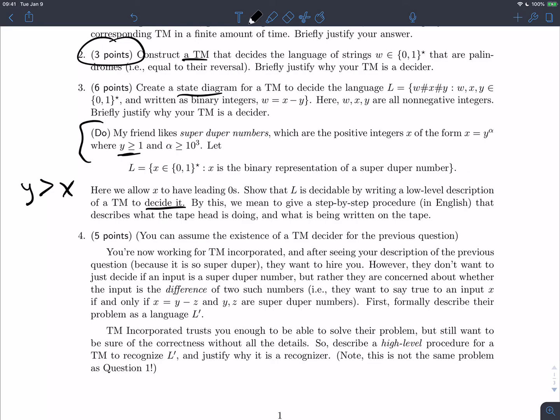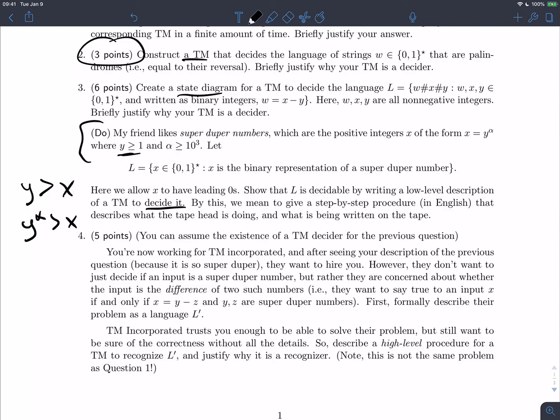So now I've limited what y could be. Could you limit what alpha could be? Yeah. So what if y to the alpha is larger than x? Could it be a super duper number? No. So therefore, you've limited what alpha could be. So that should get you started.